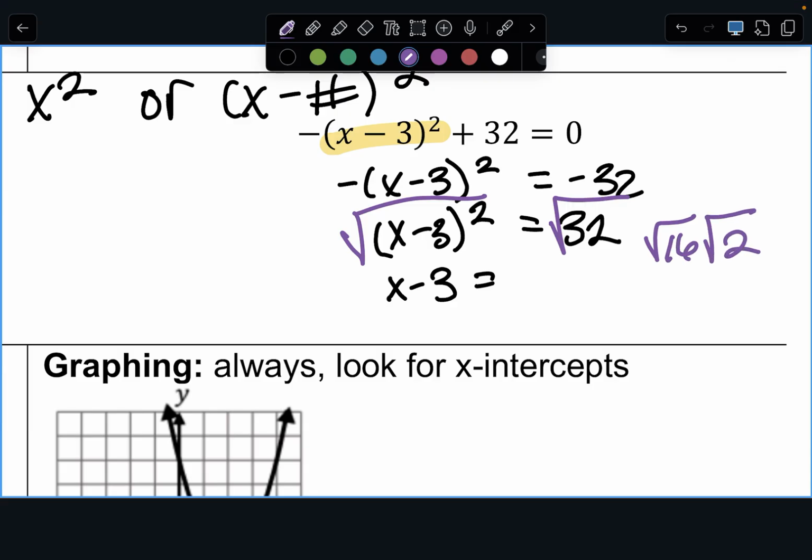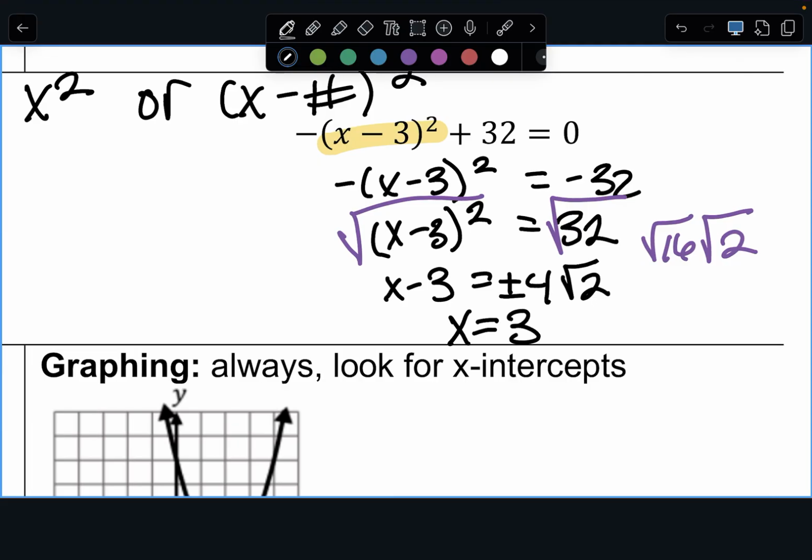What's the square root of 16? 4, so plus or minus 4 root 2. And then the last step is just to add that 3 over. So 3 plus or minus 4 root 2. Be aware, if you forget a plus or minus, you're forgetting half of your answer, so you're going to lose a good chunk of points.